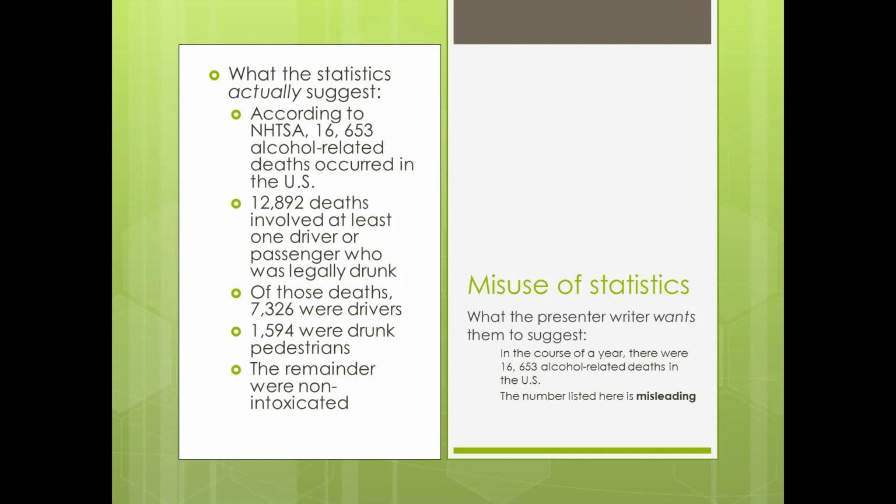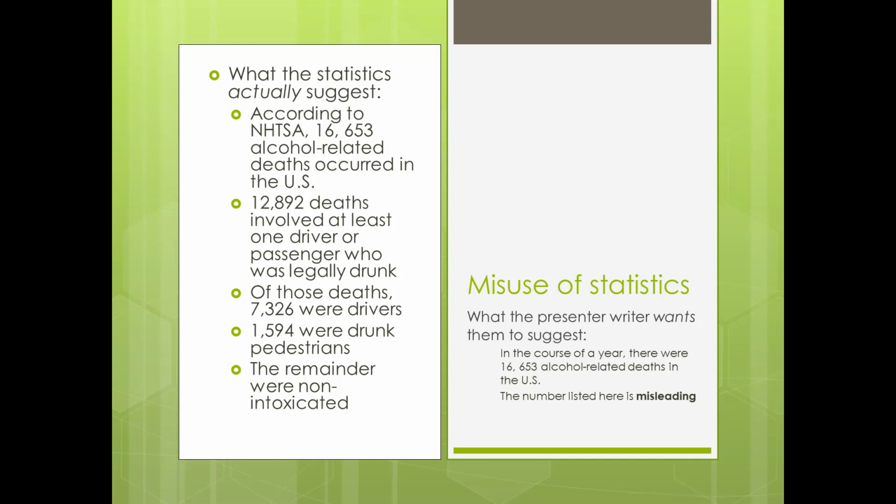So you have, of course, people who were not intoxicated who were killed in those alcohol-related deaths. There were 1,594 people who were drunk pedestrians who weren't behind the wheel of a vehicle at all. And they were just killed while crossing the street or doing something they weren't supposed to be doing in traffic.